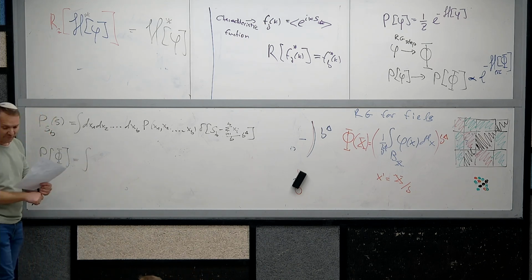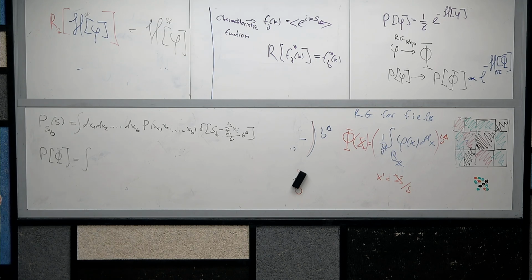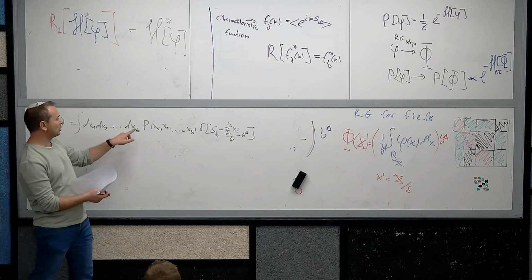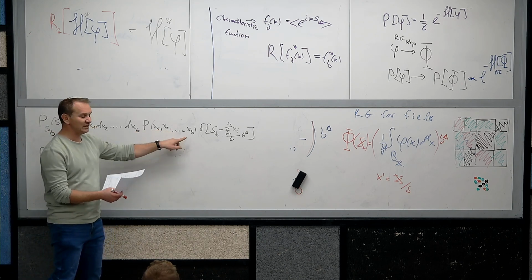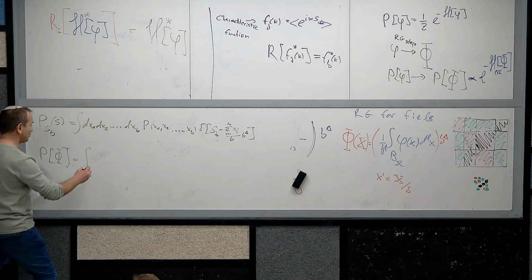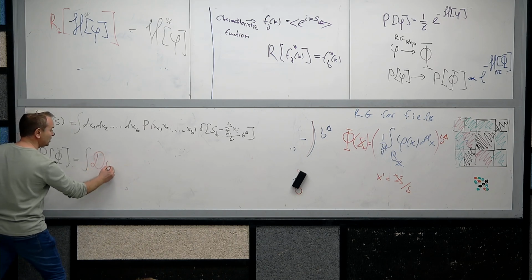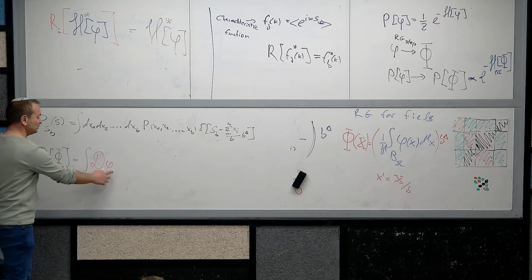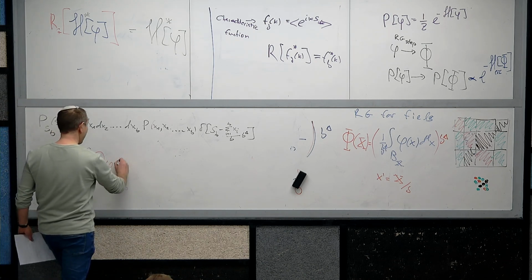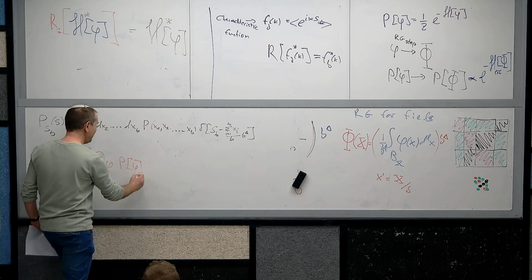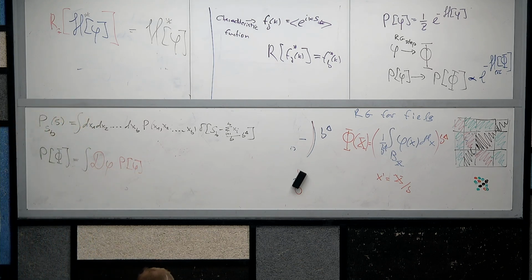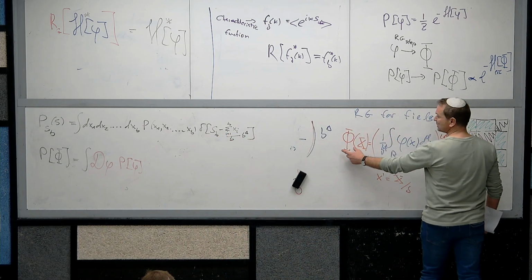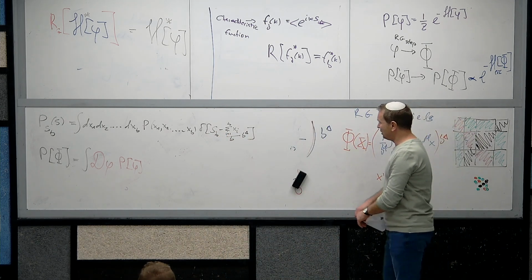Now, if I do this for large phi, this is exactly the same. I just have to perform a functional integration. So here it's a regular integration over the different values of x1, x2, x3 up to x_b. Here I have to perform it over all possible values inside this box of the field phi, and I have a probability of this field phi, and all those different fields phi go to this large phi description by using a delta function.